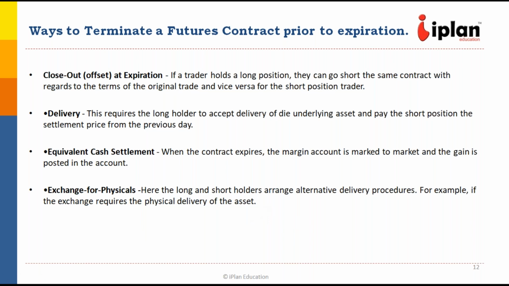So if you have positions in a stock, the underlying asset as an inventory with you, you can deliver that and close the contract. So there are normally four ways through which you can close or offset the contract. Any doubts till now? No, I suppose. So let's move on further.